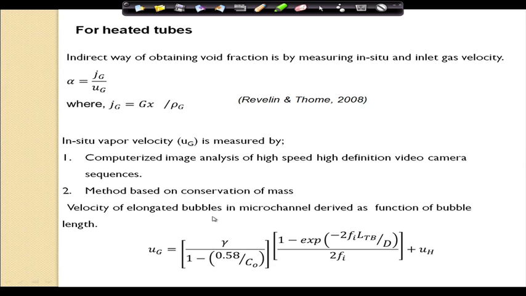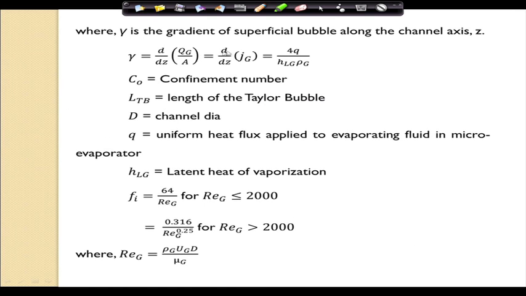This is particularly applicable for the plug flow pattern, which is much more prevalent in microchannel boiling two phase flow. In this case, the velocity of the elongated bubble in a microchannel can be derived as a function of bubble length and conduit diameter by defining a parameter gamma. This gamma is the gradient of the superficial bubble velocity along the channel axis, assuming two things.